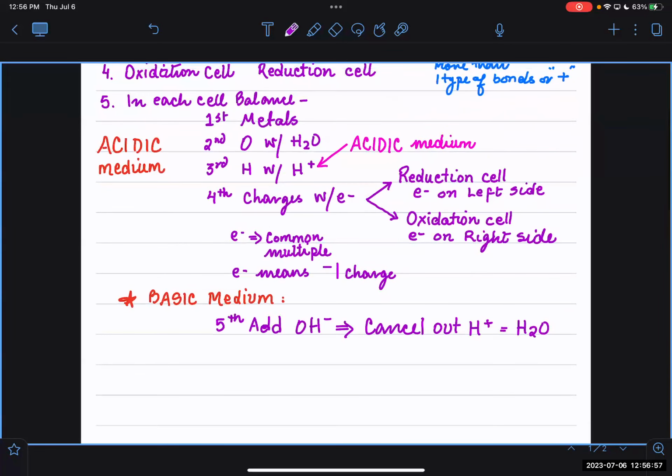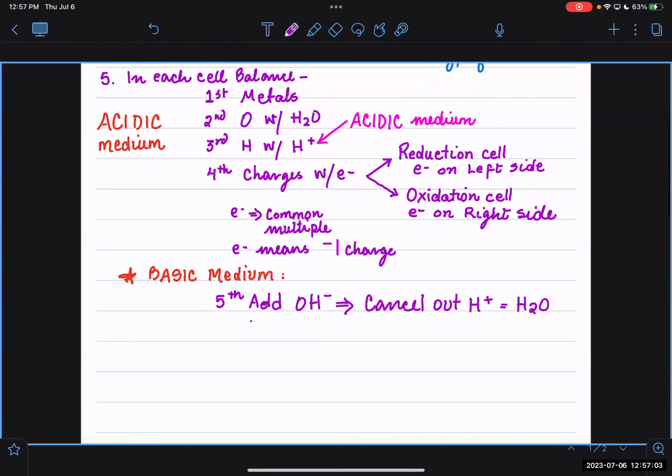Remember, you introduced water when you were balancing oxygen. So now there's common water. Wherever there is water on opposite sides, as many waters as there are, they cancel out. Okay? Clear? So that's one step you do.